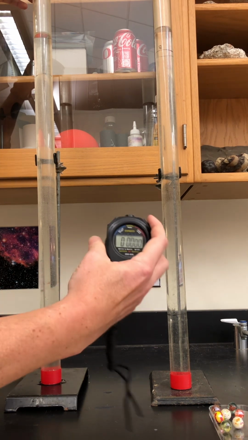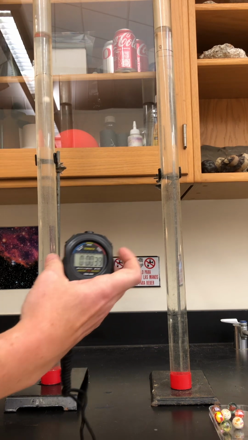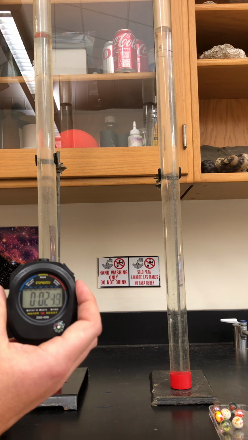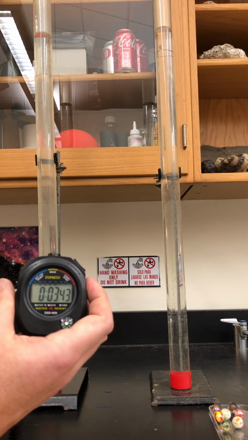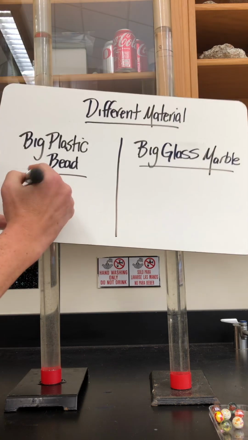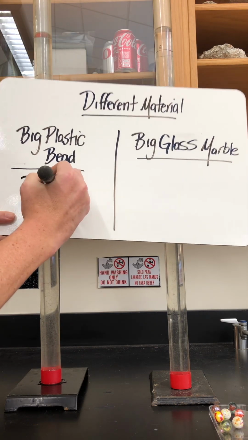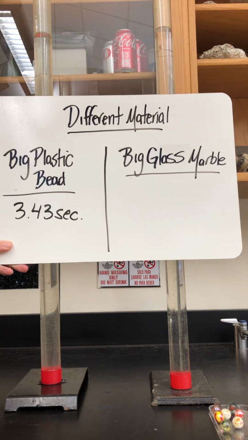I'm going to do the time for the big marble. Oh, I'm sorry, the big bead. And again, very similar to what we had before, 3.43 seconds. So get this up here, 3.43 seconds. Now we're going to do the big glass marble.